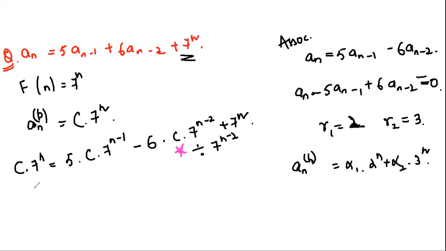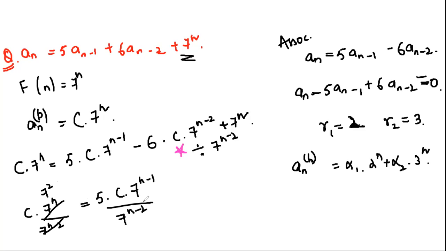When we divide the entire equation by 7^(n-2), we get over here 7^2, which is 49. Then 5 into c into 7^(n-1) by 7^(n-2): we are simply left with 7, so 5 into 7 is 35. The term with 7^(n-2) by 7^(n-2) cancels completely.